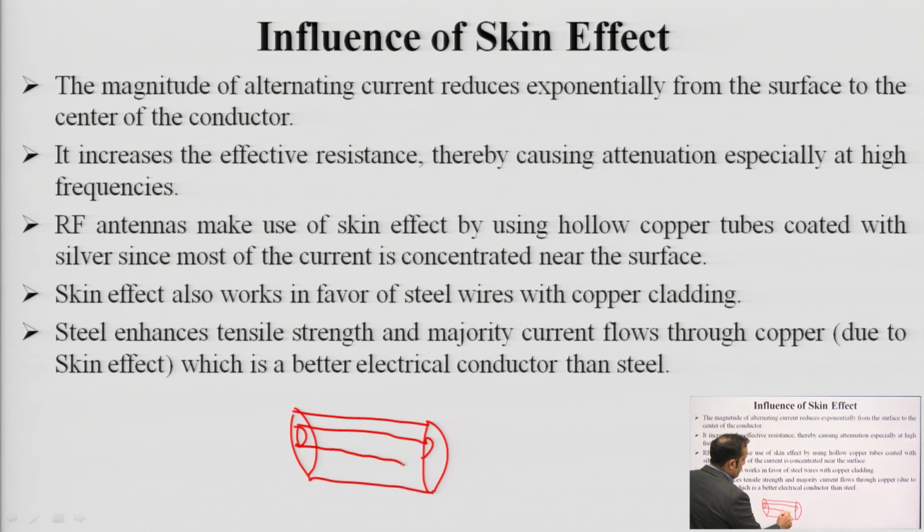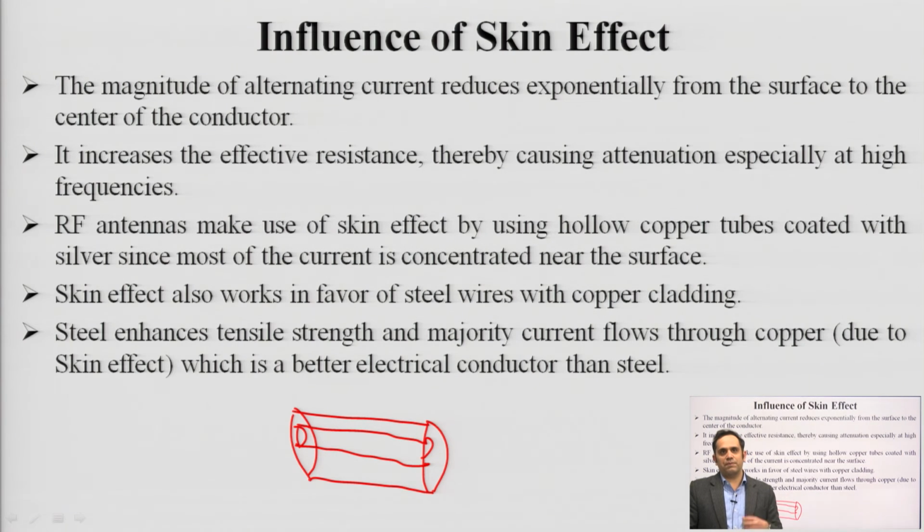That is because most of the current, because of skin effect, is going to be concentrated at the surface or only a few microns within the surface. So, you are going to save a lot of cost on the material. So, you can use hollow wires.